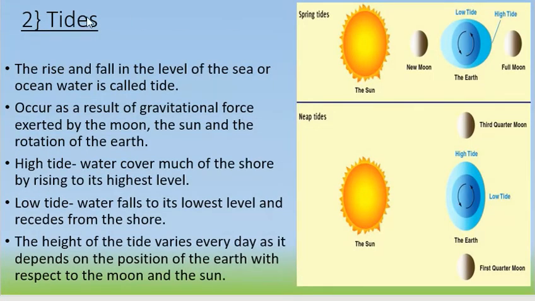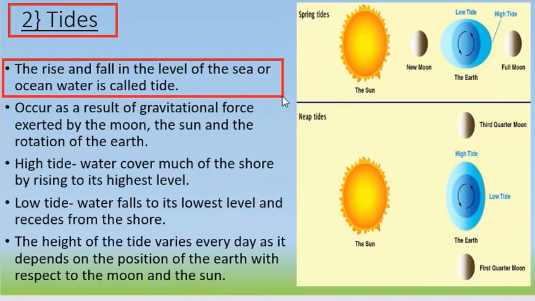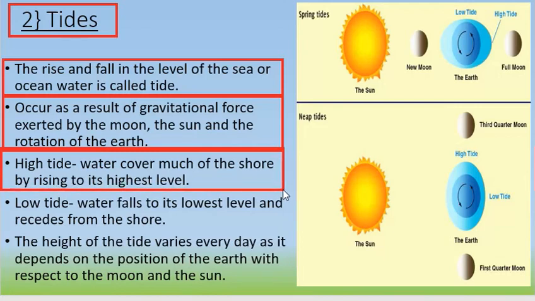Next movement is tides. The rise and fall in the level of the sea or ocean water is called tide. It occurs as a result of gravitational force exerted by the moon, the sun and the rotation of the earth. High tide: water covers much of the shore by rising to its highest level.